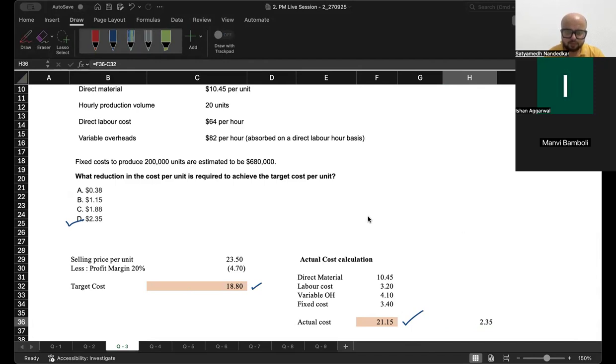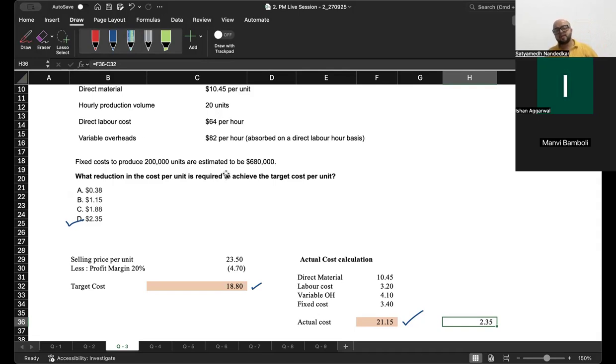The variable overheads are 82 per hour, and it says absorbed on a direct labor hour basis. How is that connected to the units? Why 82 divide by 20? See, absorbed on a direct labor hour basis means that for calculating the variable overheads, the base you used for calculating the direct labor cost, you have to use the same base. In 1 hour you are incurring the labor cost of 64 per hour, and the production volume is 20 units.